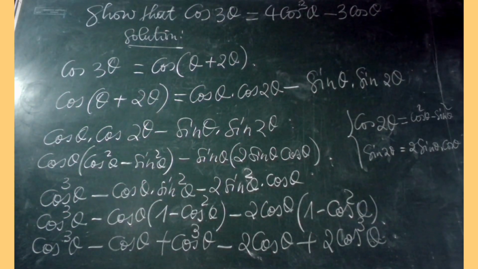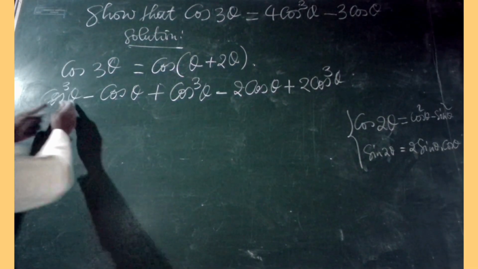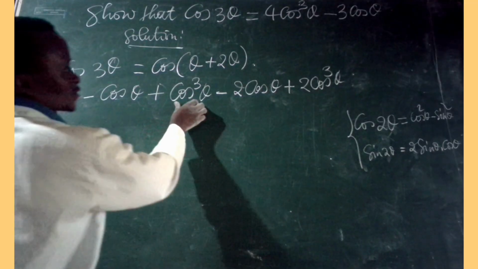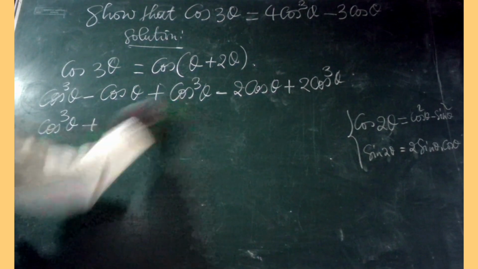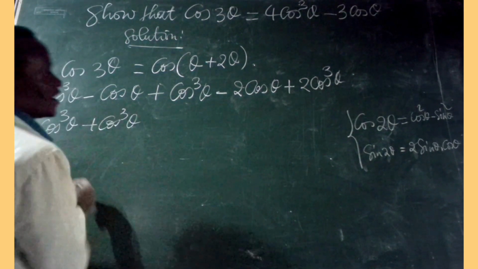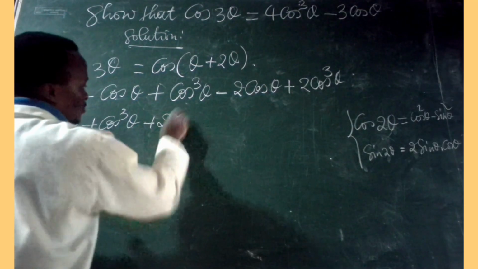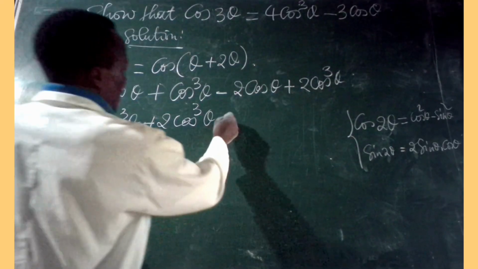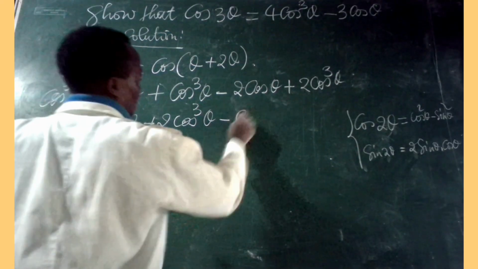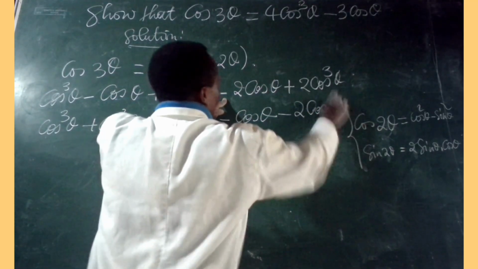Now we are going to collect similar terms. So this is similar to this one, also similar to this one. Now we have cosine power 3 theta plus cosine power 3 theta plus 2 cosine power 3 theta. Minus cosine theta minus also 2 cosine theta.